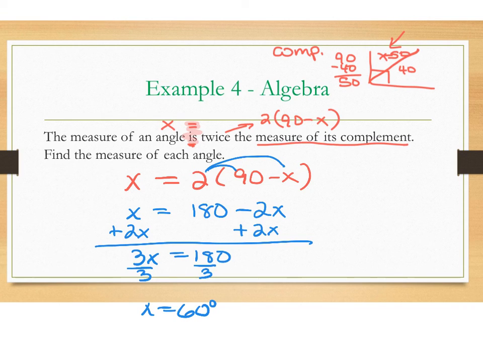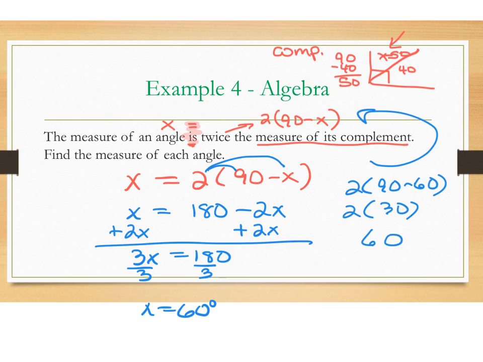So the angle was 60, and then the complement, if I plug it in, I can do 2 times 90 minus 60. 2 times 90 minus 60 is 60. So the measure, twice the measure of its complement.